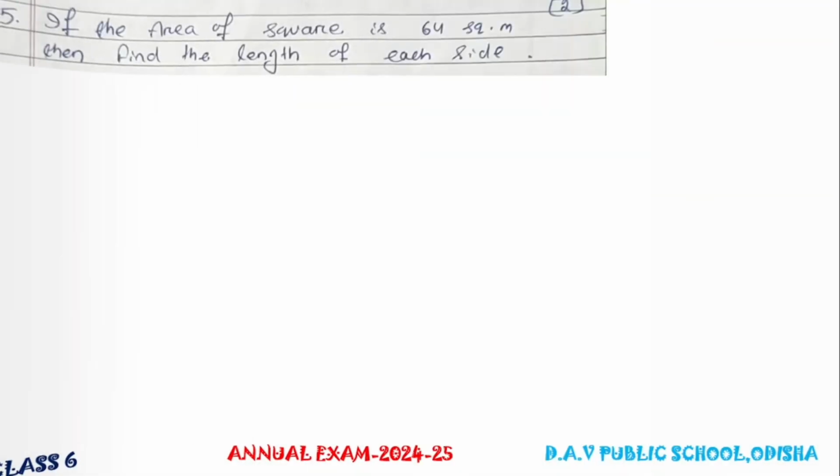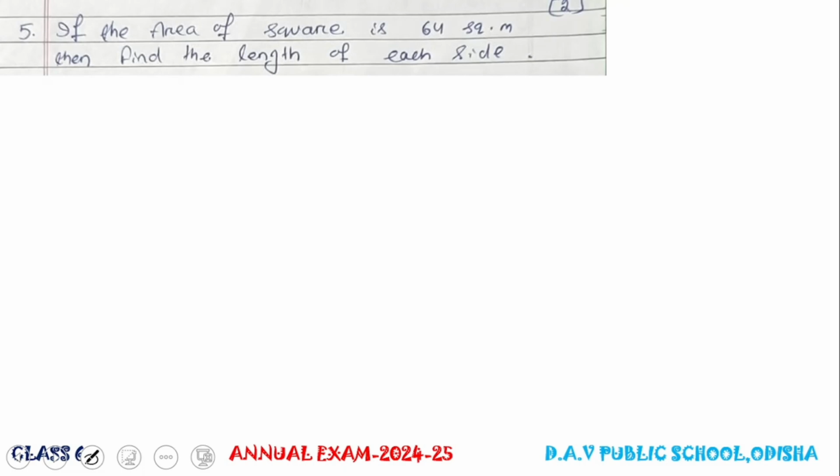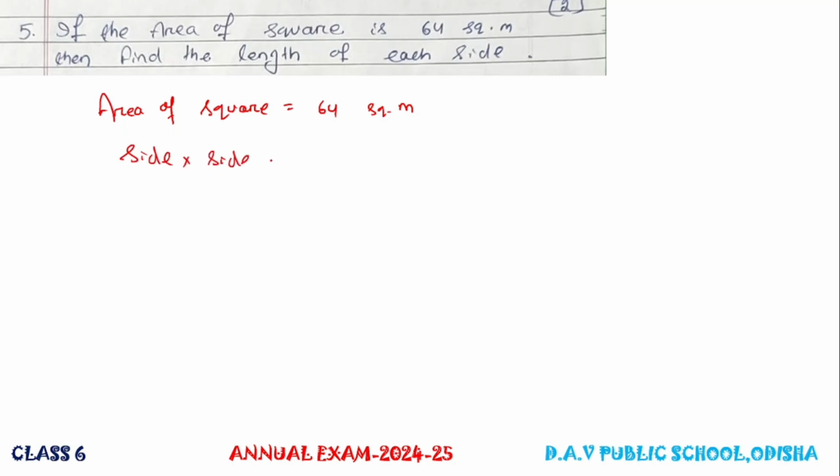Next question. If the area of the square is given, write down area of square equal to 64 square meter. Now we can write area of the square is side into side, equal to 64.